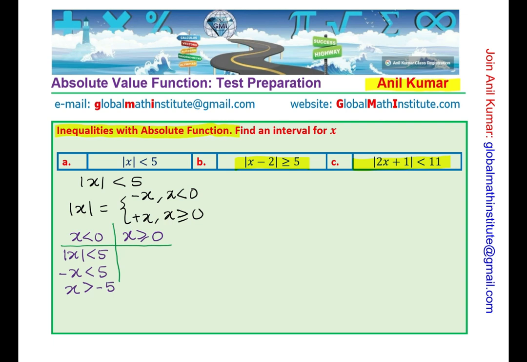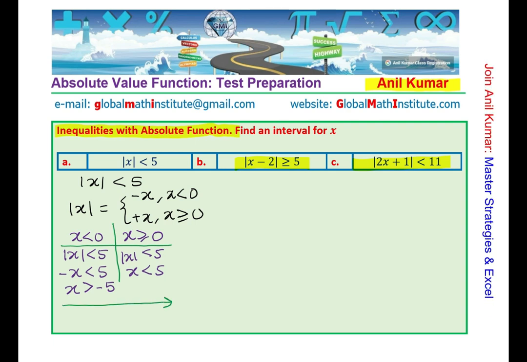So, that is the result which we get on the left side of 0. On the right side, absolute value of x less than 5 remains as x less than 5. So we get that solution. Now, if you look at it on a number line, then what do you notice?